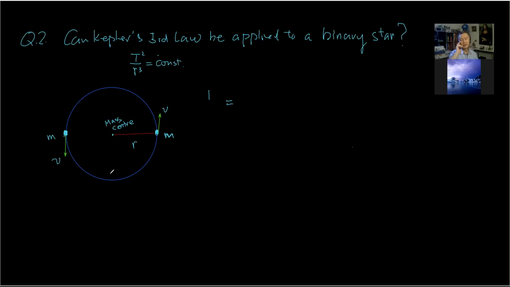I think you can start from the first one. You don't have to use Kepler's law. Eventually, if you have proved that T squared divided by r cubed equals a constant, then you have proved it.